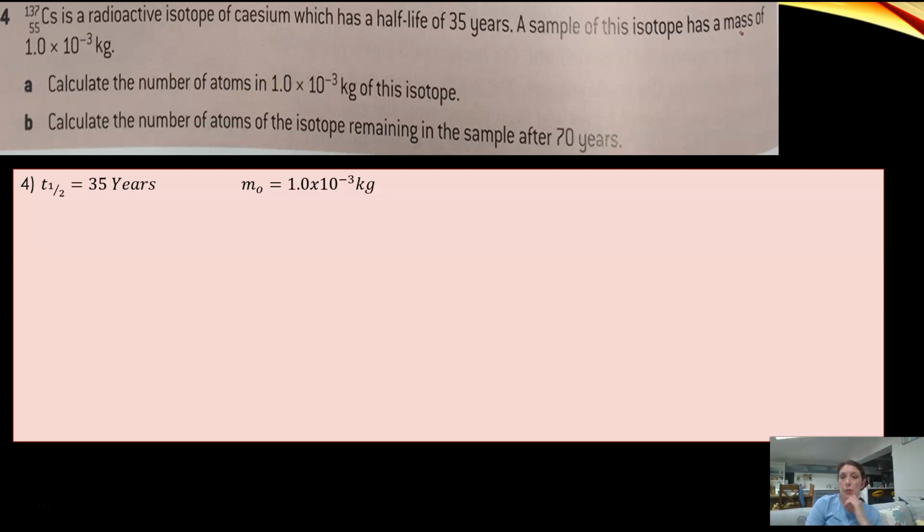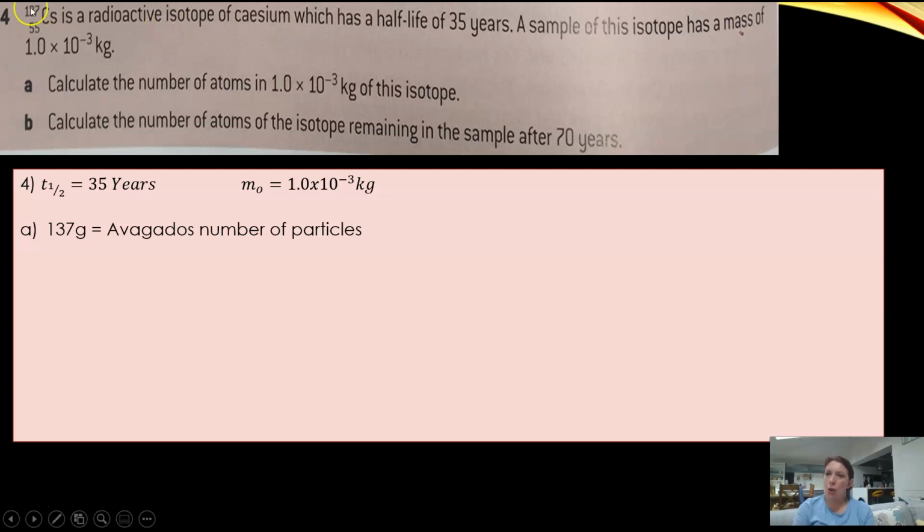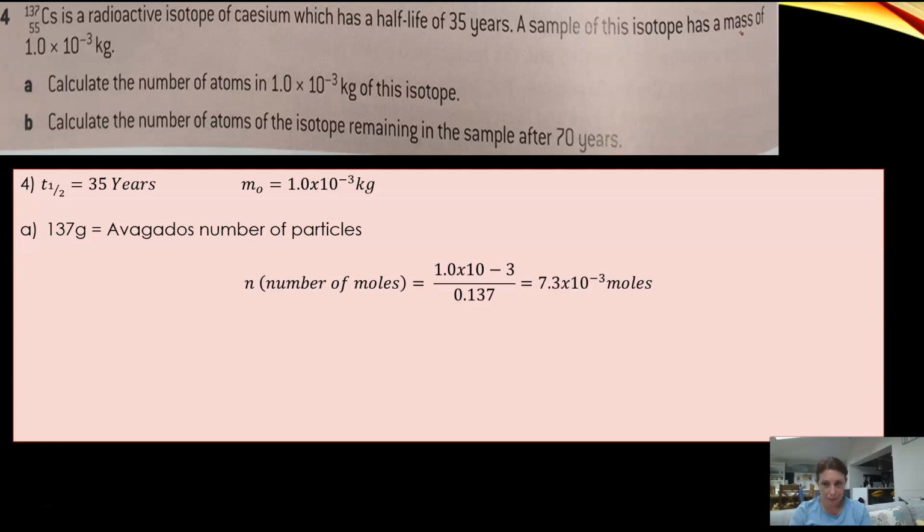And it tells you, at the start, it told you Avogadro's number. Avogadro's number is how many atoms are in a mole. So first thing to do, if you have 137 grams of this cesium, so I'm looking at the top number here, the mass number. If you have 137 grams of that, that is 1 mole, and it will have Avogadro's number of particles.